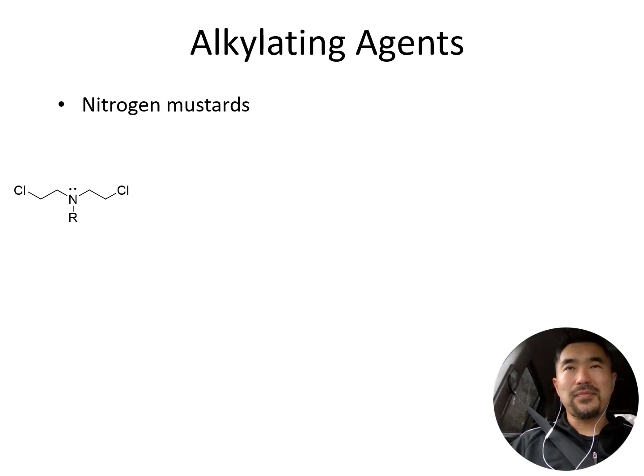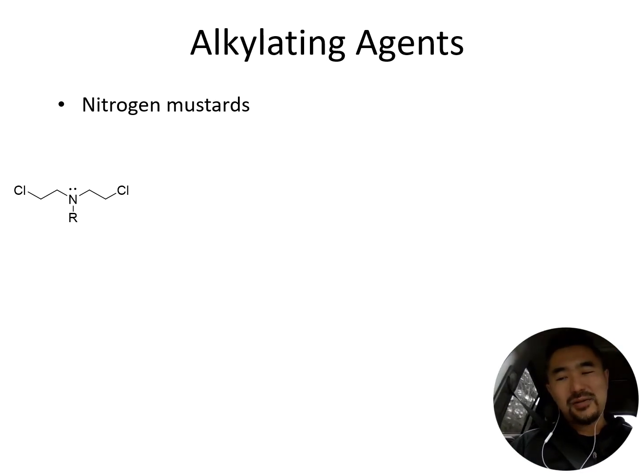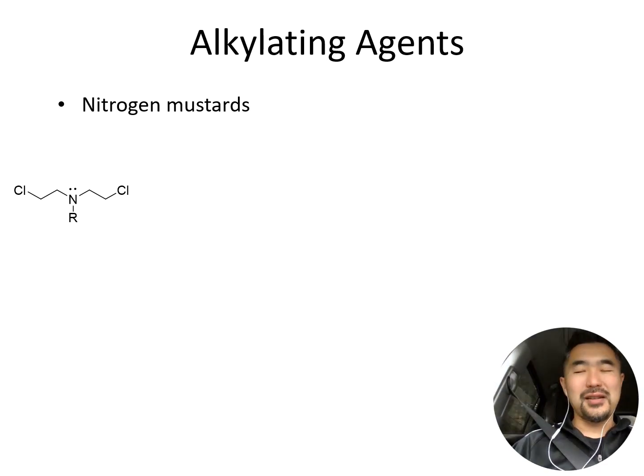And we learned a lot from what we call mustard compounds, which we'll talk about in a second, which were unfortunately used a lot as a chemical weapon in World War One, before the Geneva Convention and whatnot.